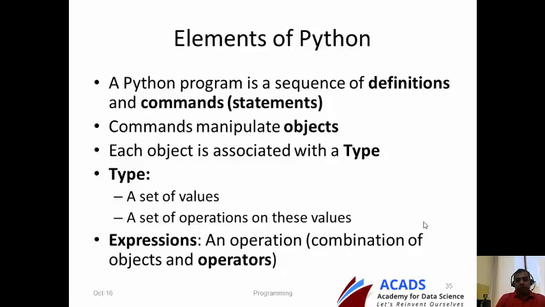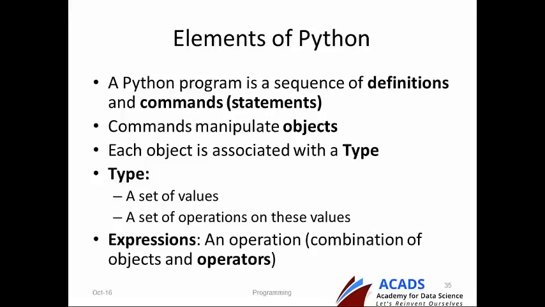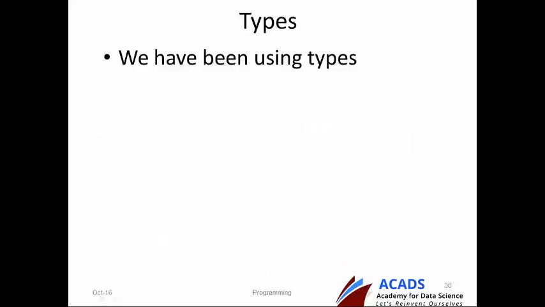The Python program also consists of expressions, and these expressions consist of an operation. That means an operator and the corresponding operands on which the operator will apply. We have been using types since our early days.